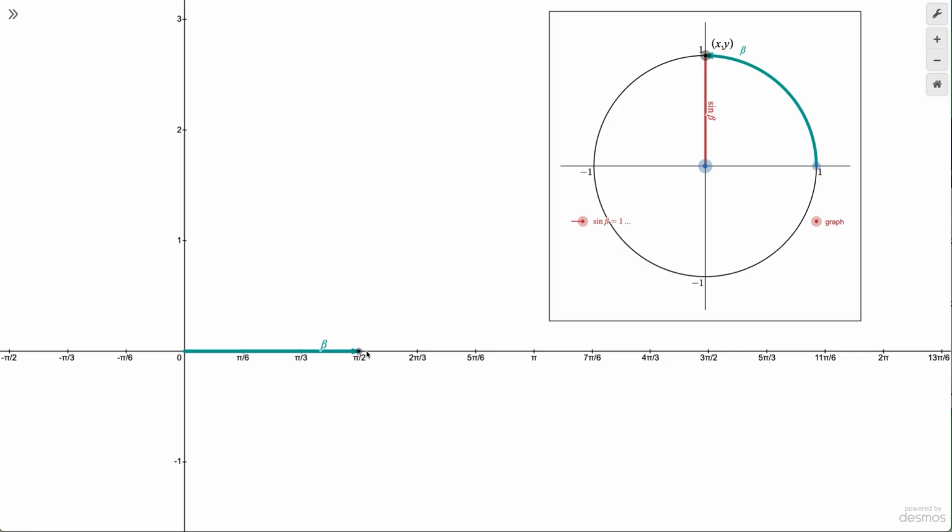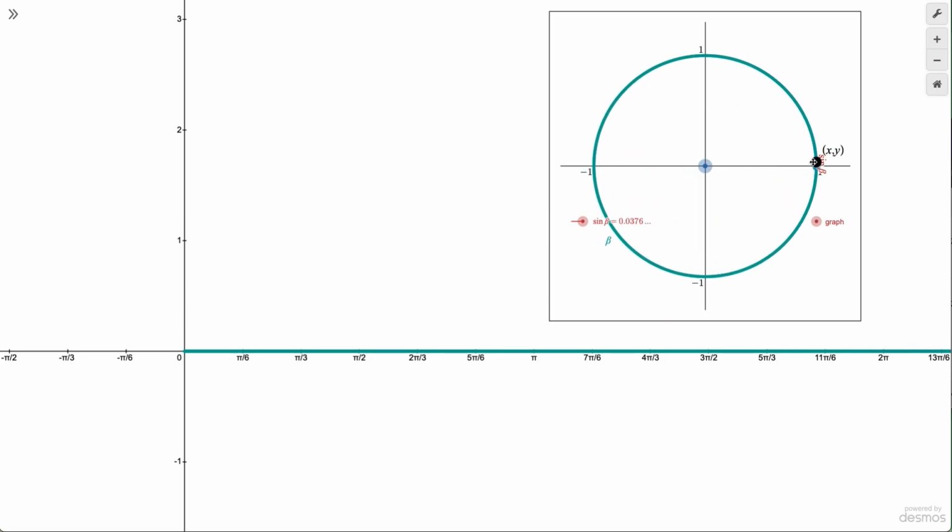So here at beta is pi over 2, that's the max sine value. And then the y coordinate is going to go back down to 0, and then go to -1 and then up to 0. And it's going to repeat itself if I keep going around the circle.